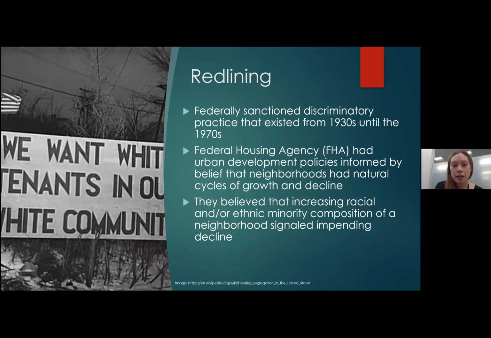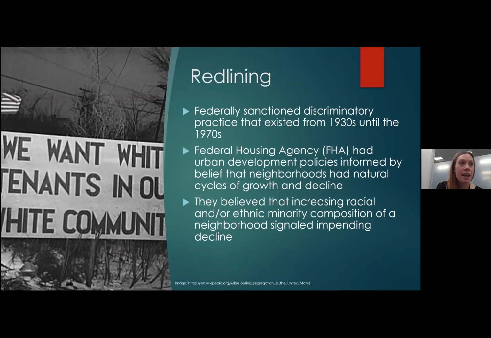Redlining was a federally sanctioned discriminatory practice that existed from the 1930s through the 1970s. So really, it wasn't even that long ago that this practice was still in existence. The Federal Housing Agency had urban development policies informed by the belief that neighborhoods had natural cycles of growth and decline.